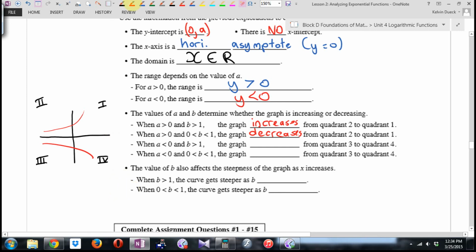So I'm not going to use a word there, I'm going to say it nosedives down. And in these ones, where we're flipping this guy, it nosedives up. Looks like that.